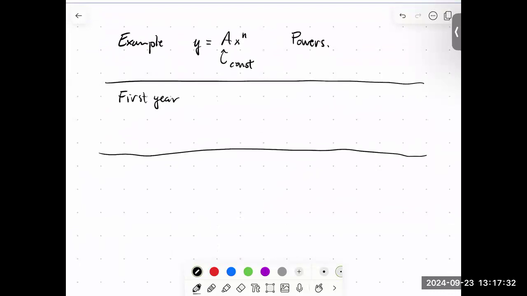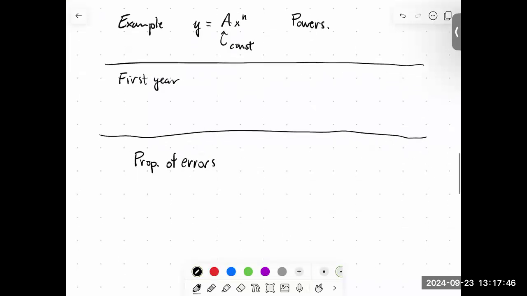So let's use propagation of errors then. We'll see if our results will jog any memories. Okay, so propagation of errors says that the uncertainty in y is going to be the derivative of y with respect to your variable. So what we're going to imagine is that we've measured x.